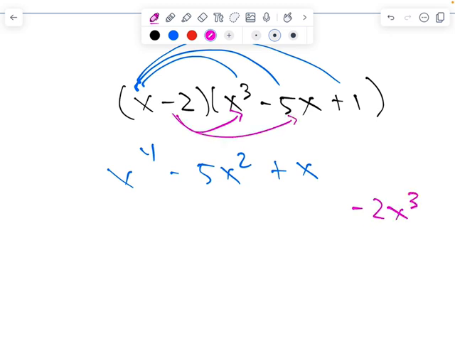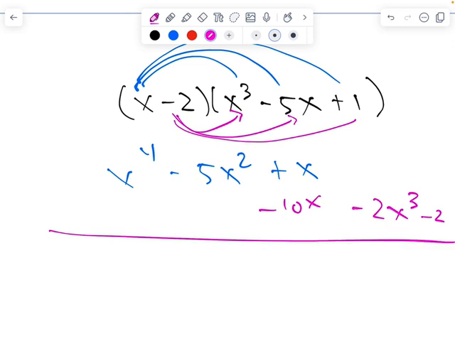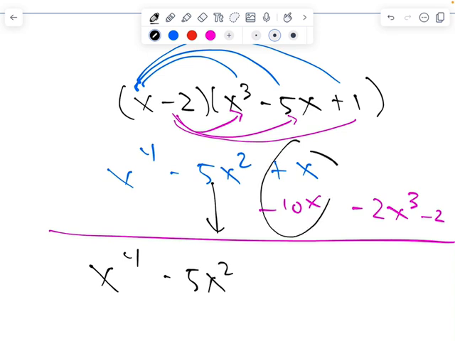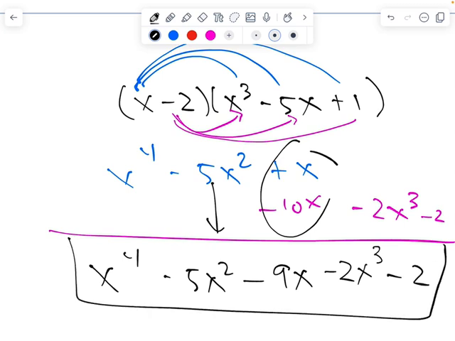And now we've got negative 10x, that can go there. And we've got negative 2, which I'll squeeze in there. Combining the like terms, x to the 4th doesn't have anyone to combine with. This guy doesn't combine. These can combine to be negative 9x. That negative 2x cubed can come there, minus 2, and now you have your polynomial. Okay, that's it.